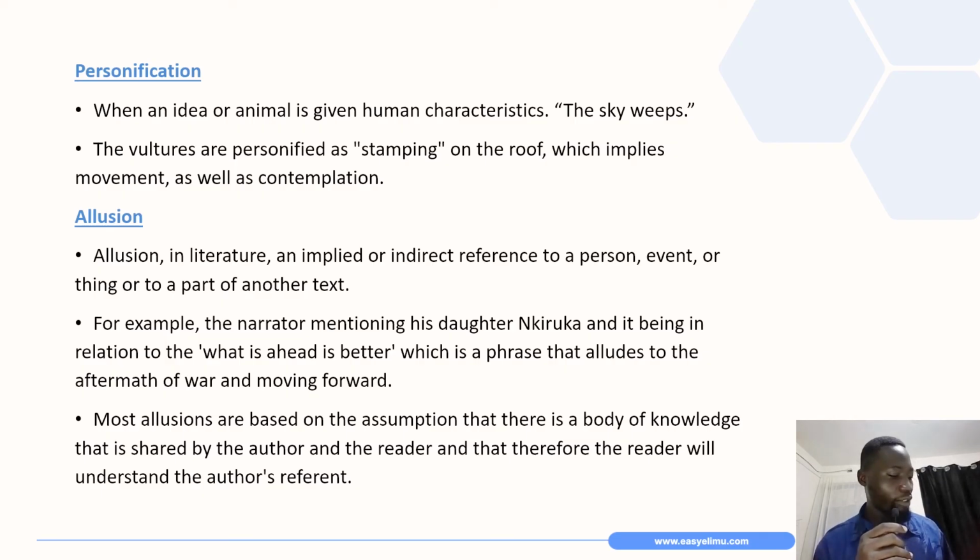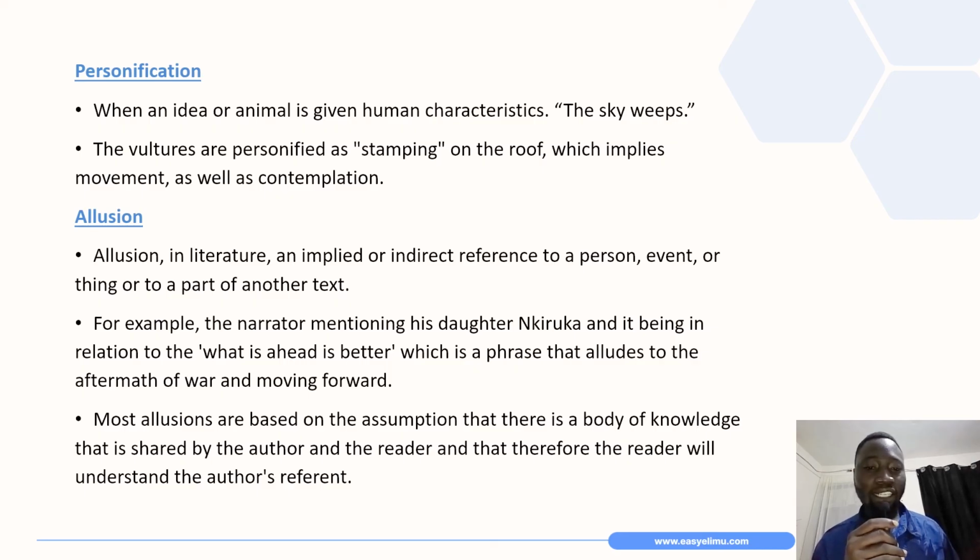On page 66, in the last two lines, he recalls and says that even Ebere and I, who had debated our first child's name, Zik, for months, agreed very quickly on Nkiruka, to mean what is ahead is better.